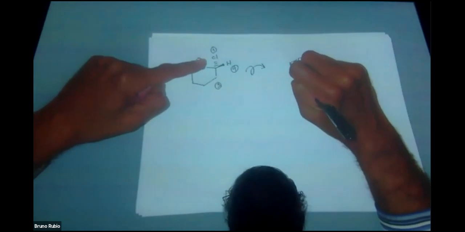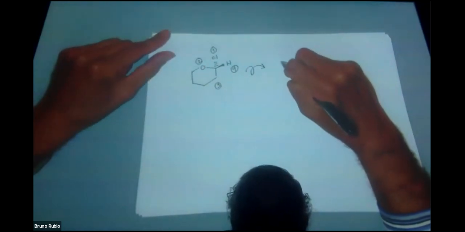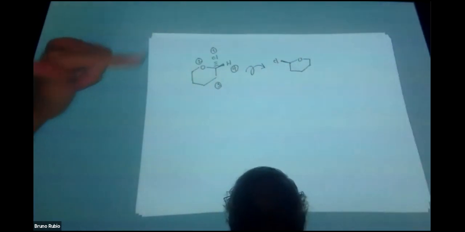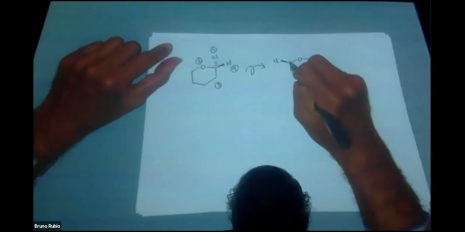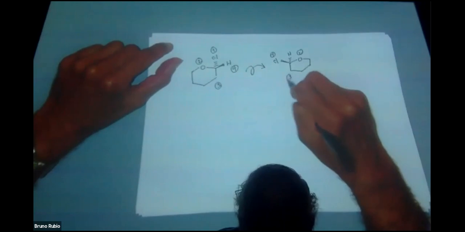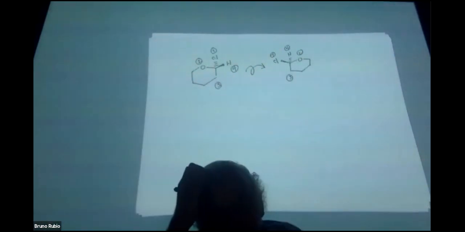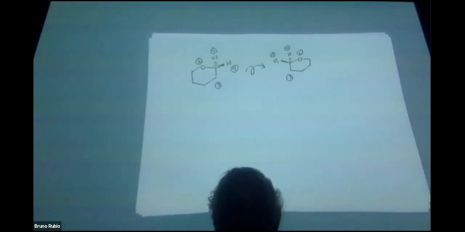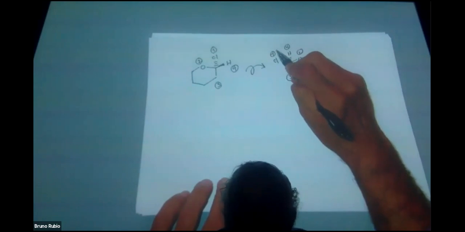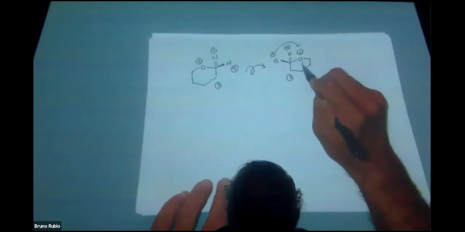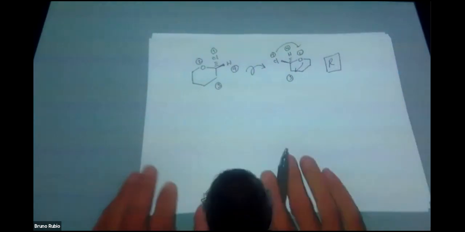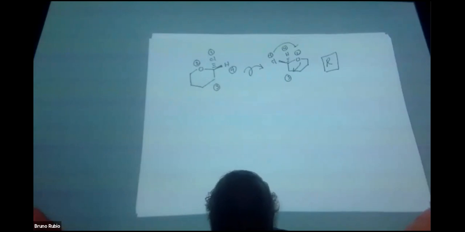That chlorine was in the back, you pancake flipped it, it's now in the front. That hydrogen was in the front, you pancake flipped it, it's now in the back. Now this is 1, this is 2, this is 3, this is 4, and the group of lowest rank is facing away from you. So it's easier to see: you go from 1 to 2 to 3, that's an R absolute configuration. Okay, so that's one thing you can do.